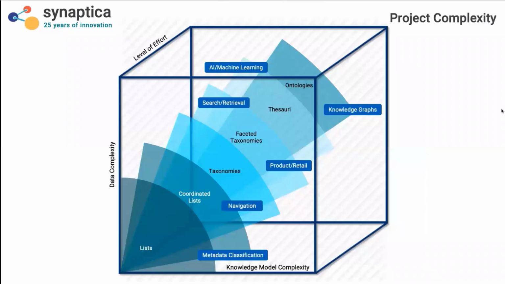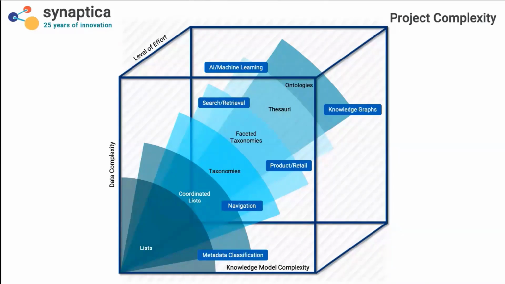We usually see the spectrum of knowledge models presented along a line from the least to the most complex. Here, we're trying to represent additional dimensions of complexity and overlap between the knowledge models as well as overlapping use cases. Each knowledge model gets more complex, but they are overlapping. There's a progressive evolution from simple lists to hierarchical structures with relationships to ontologies with additional features such as classes and axiomatic reasoning.